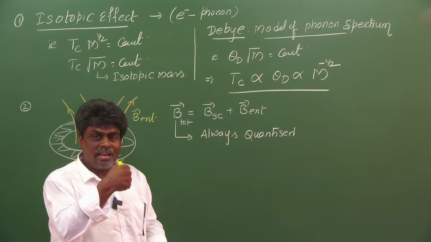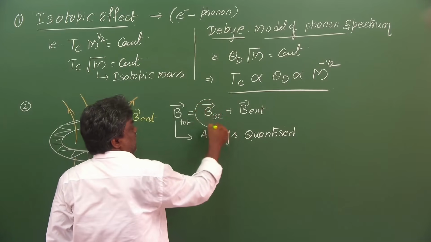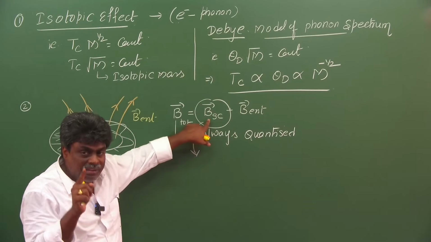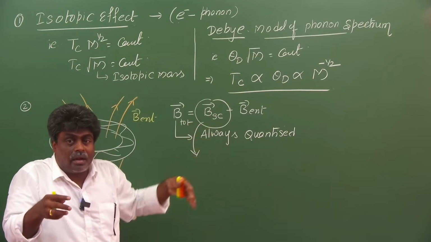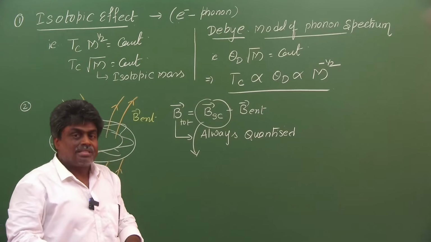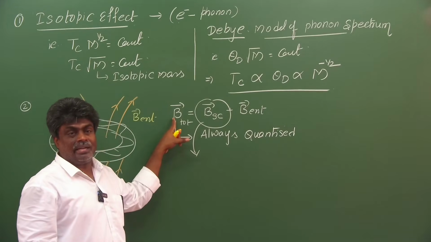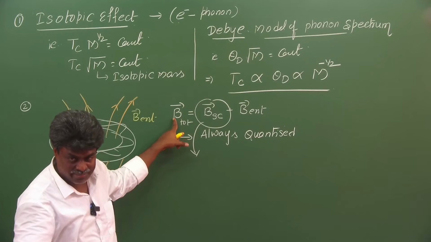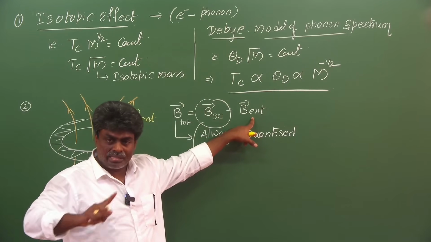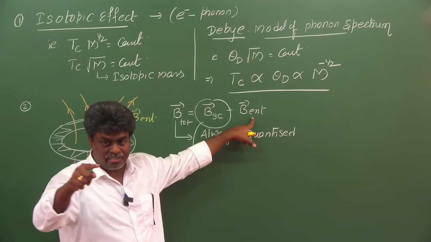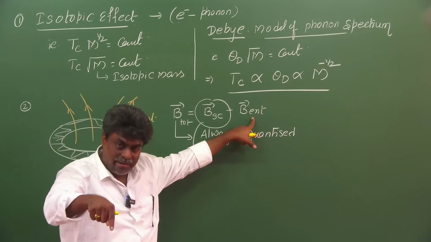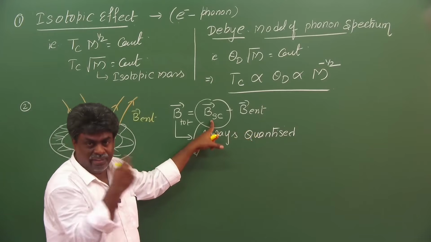Then what is left? Listen, the magnetic field inside the superconductor always adjusts itself such that the total magnetic field is always quantized. There is no scope for quantization of the external magnetic field because it is a rate of change of magnetic flux, which is nothing but the EMF. Due to that EMF only we get this magnetic field. I hope you are listening.